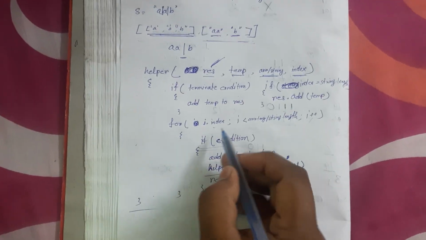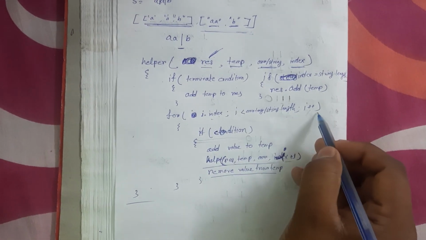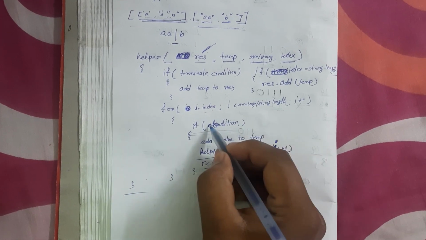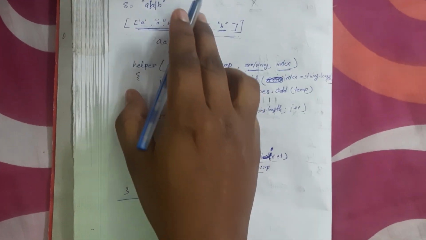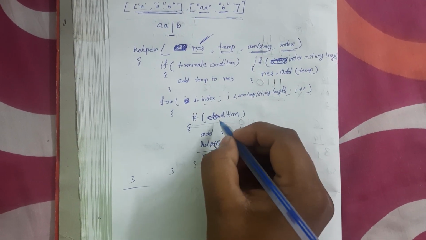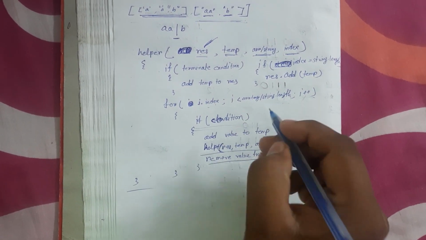Now I will simply iterate from index to string dot length, with i plus plus. And then here we need to check one condition. While doing the partitioning, we need to check whether the partitioned string is a palindrome or not.